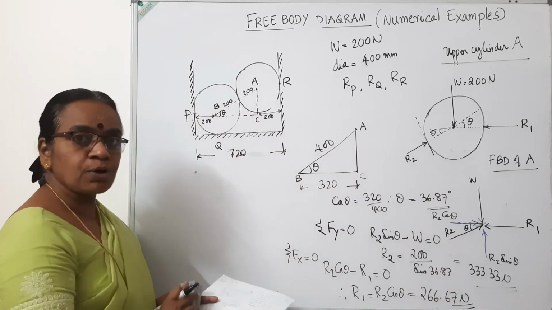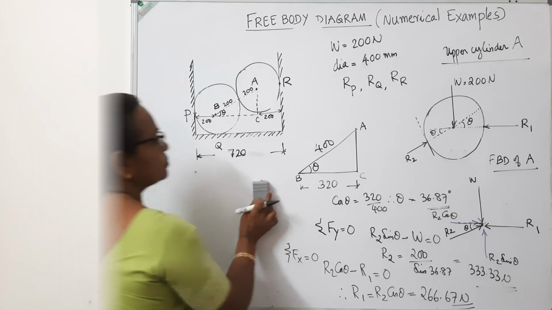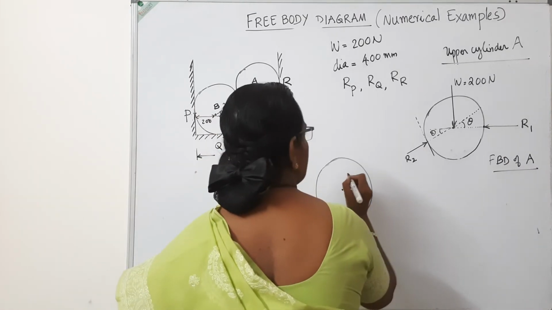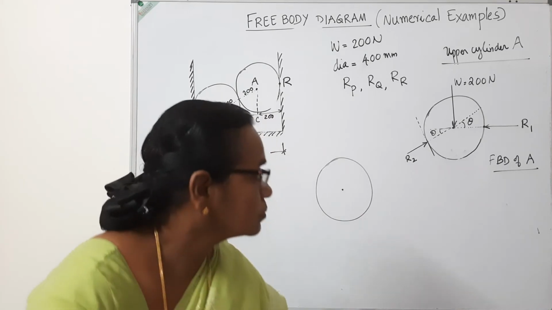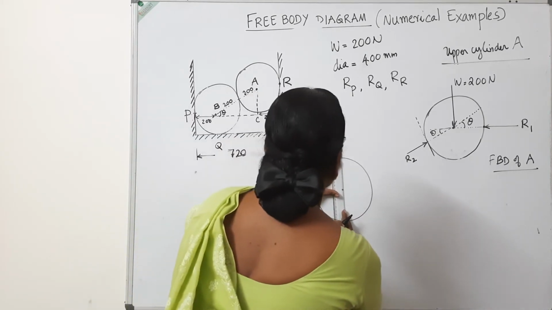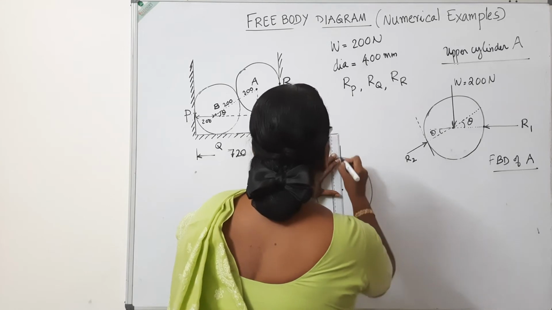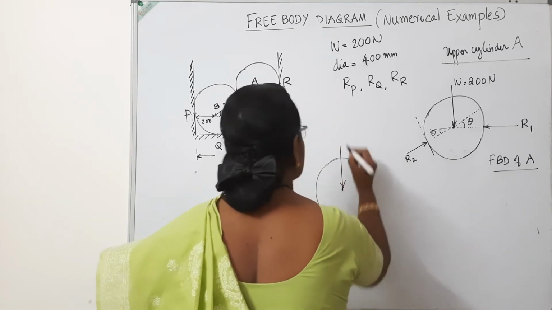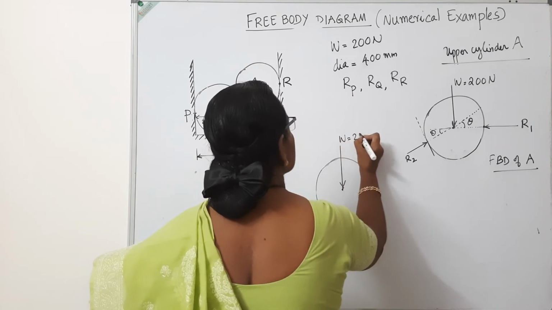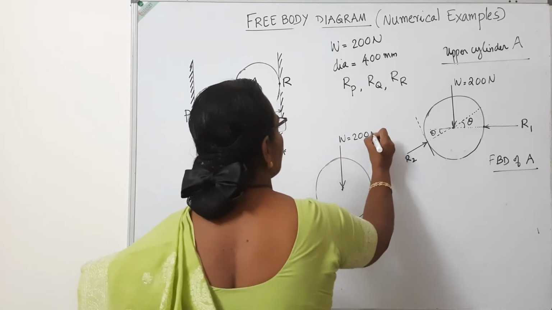Now coming to the free body diagram of B. Here also, the weight will be acting vertically downward. First of all, you have to mark the weight. Don't forget to mark it. The weight will be acting vertically downward at the center.